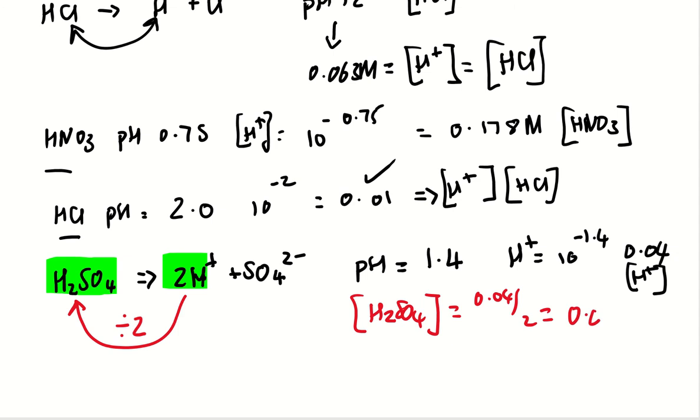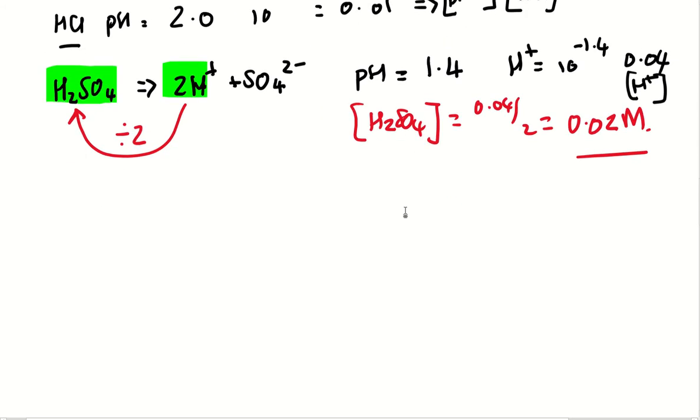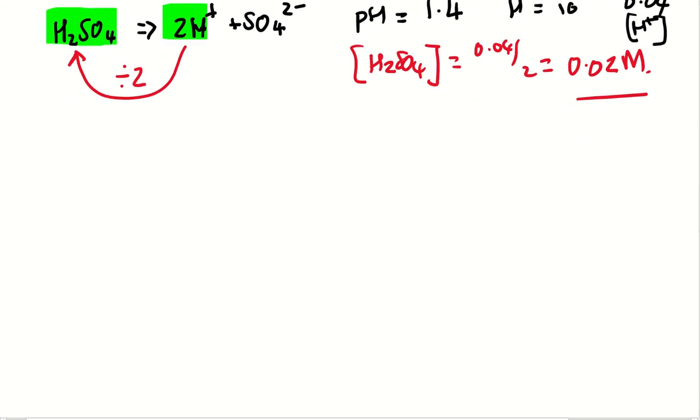So this time it's 0.02 moles per dm cubed. So you've got to bear that in mind. I'll put another one of those up there and you can have a go at it yourself. So we'll do H2SO4. We're looking to get its concentration. I'm going to say it has a pH of 0.04.